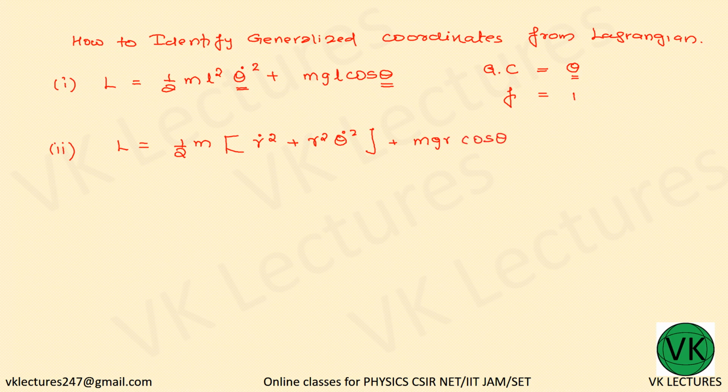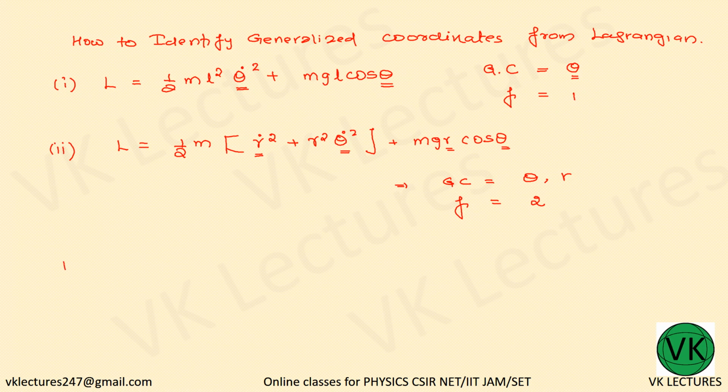Now we have theta and its first derivative here, r and its first derivative. So this will be generalized coordinates equal to theta comma r, or r theta, and degree of freedom f is equal to 2.